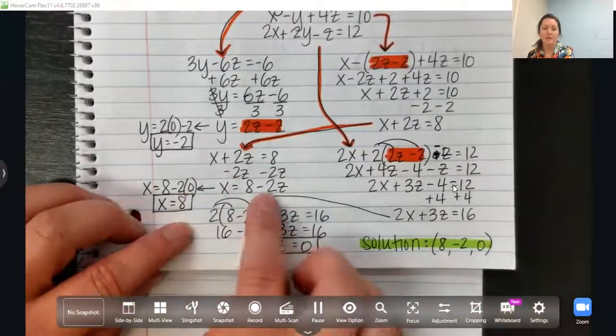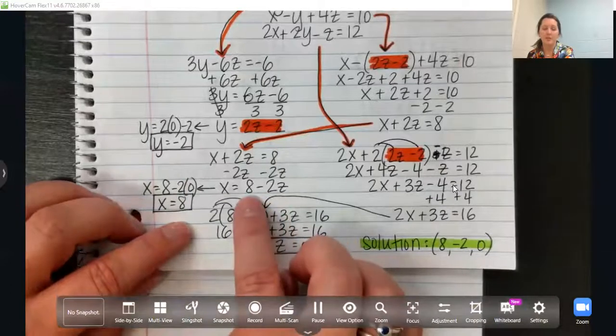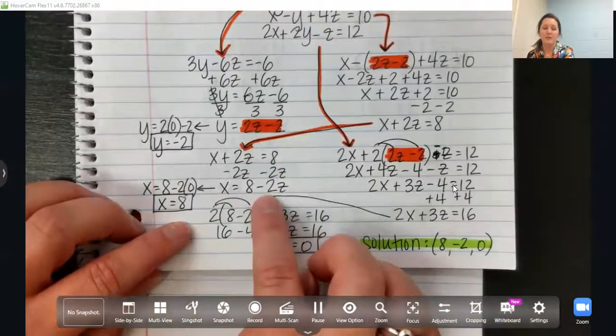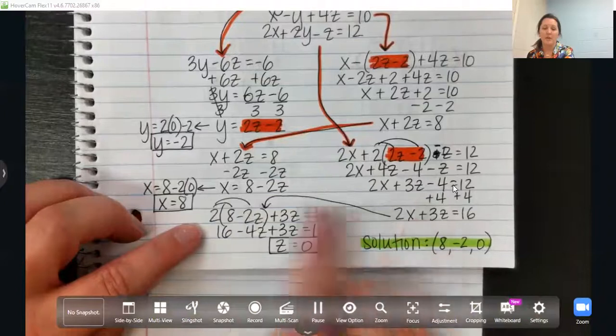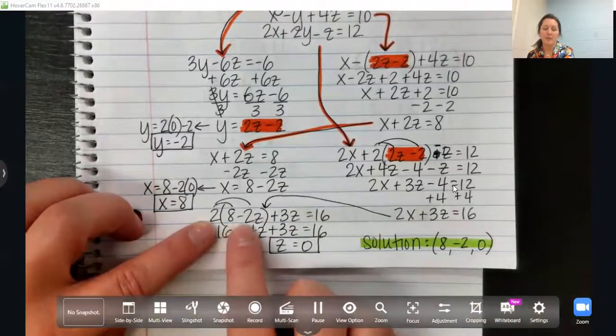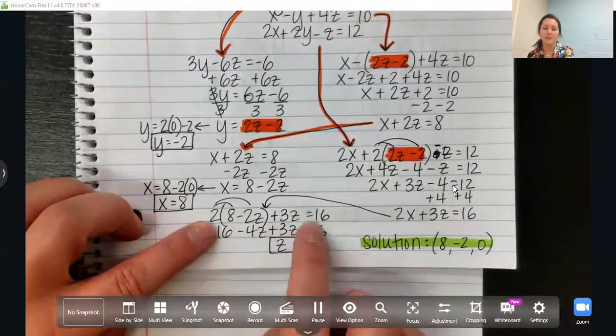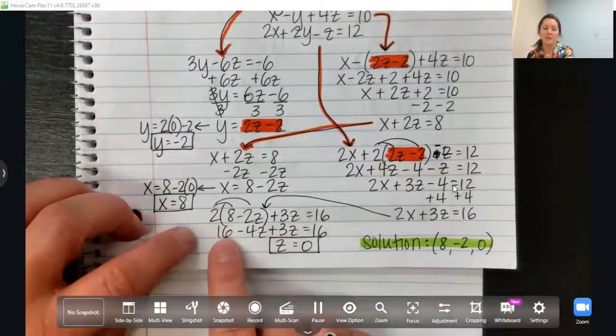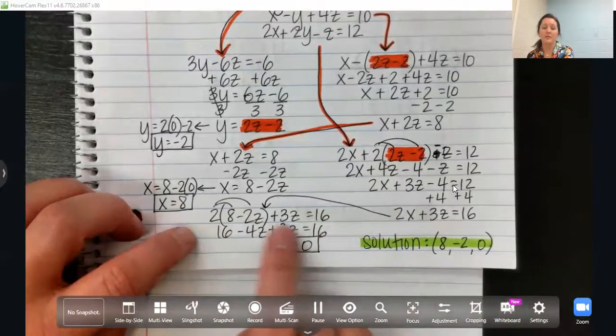That's good for us here because I can continue to substitute, grab the 8 minus 2z, and plug it in for the x value here. See my arrows. So I have 2 times 8 minus 2z plus 3z equals 16. Distribute the 2 and then solve for z. So z equals 0. Once you have one solution, you can go backwards.